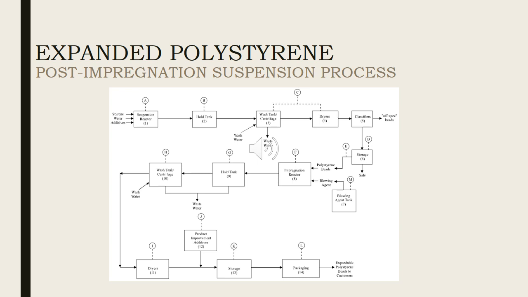First, the polymer water slurry is cooled below 50 to 60 degrees centigrade, which is the heat distortion temperature of the polymer. Second, chemicals are added to promote solubilization of suspending agents. Third, the tank serves as a storage tank until the slurry can be centrifuged.